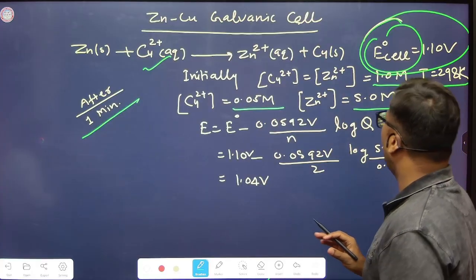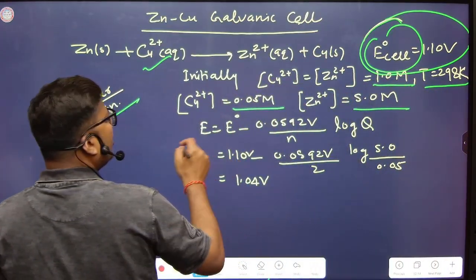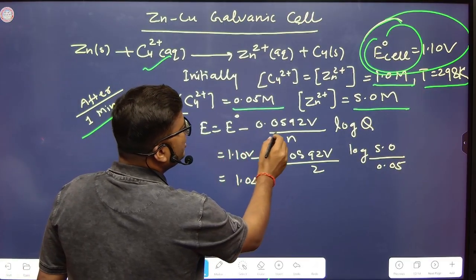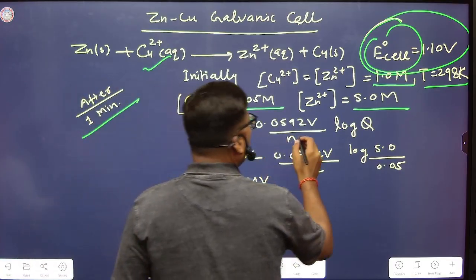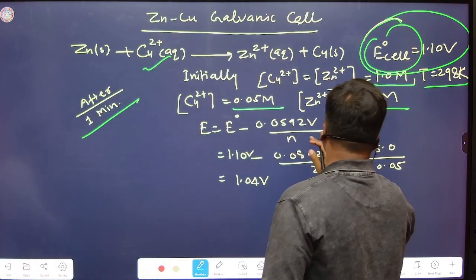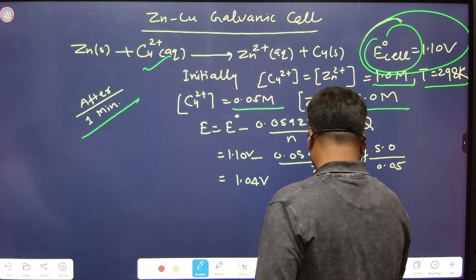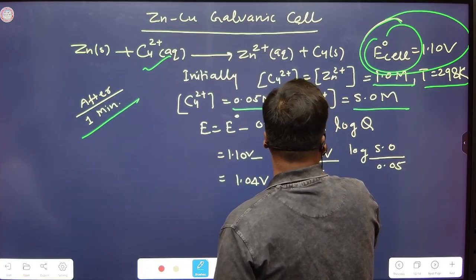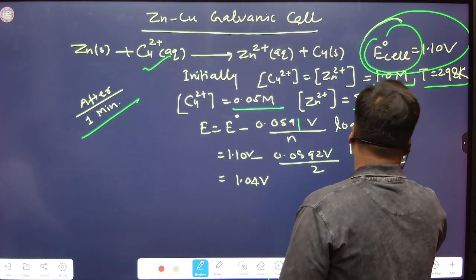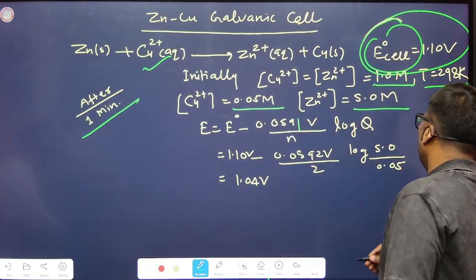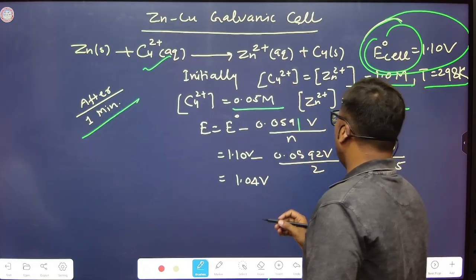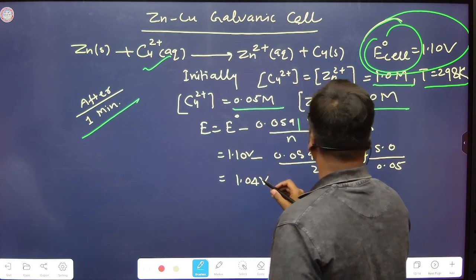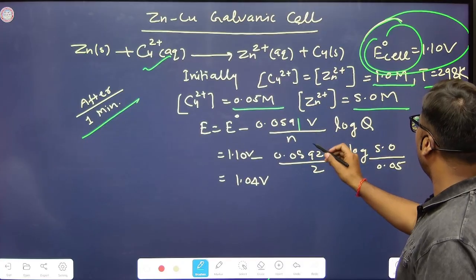Now by using the Nernst equation, E cell is equal to E naught cell minus 0.0591 volt upon n, log Q. So by putting these values, standard cell potential 1.10 volt minus 0.0591 upon n.